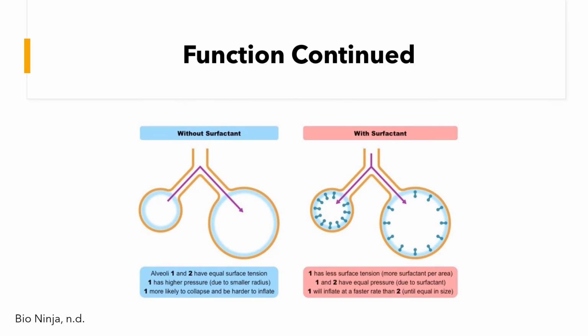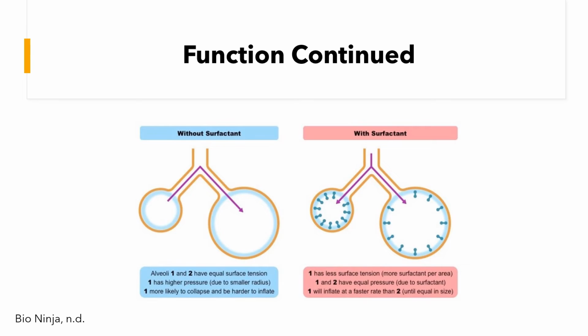And the next diagram shows you that. This is without surfactant, the one on the left. So alveoli 1 and 2 have equal surface tension. One has a higher pressure due to the smaller radius, and it's more likely to collapse and be harder to inflate. But the one over on the right, where it's got the pink in it, is with surfactant.